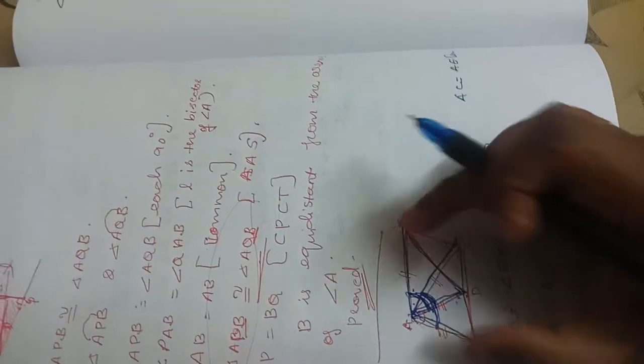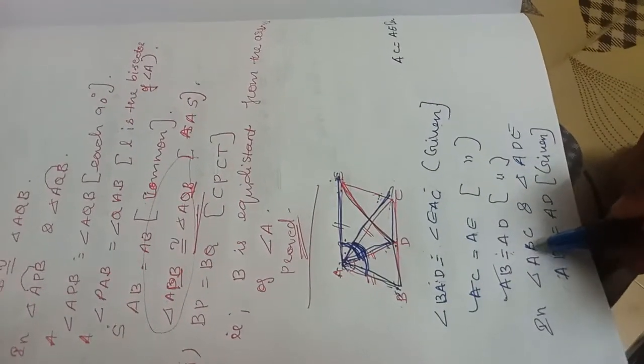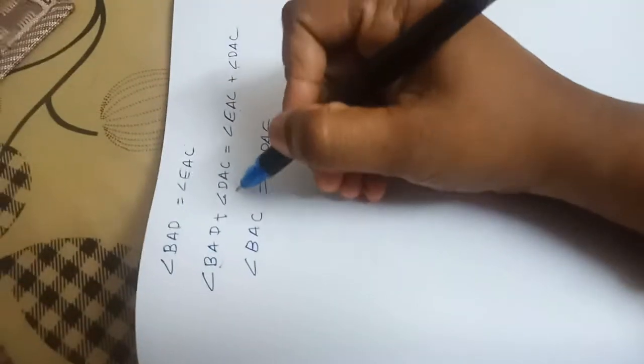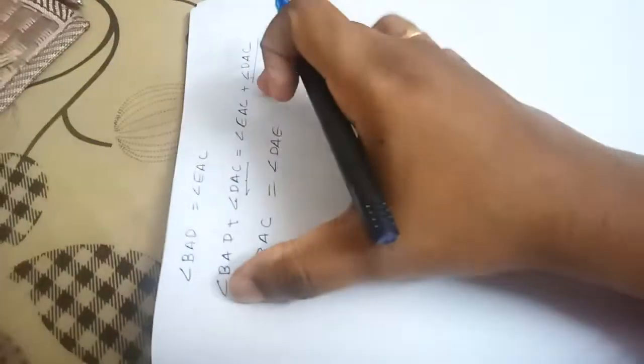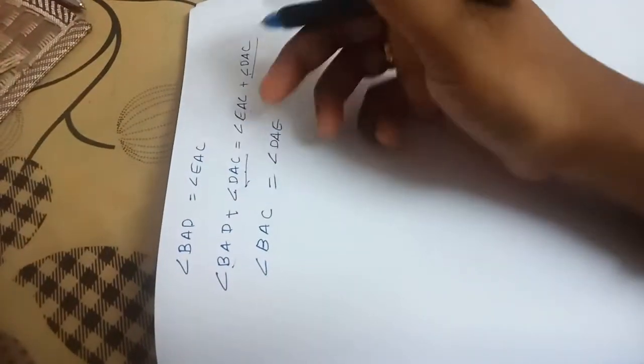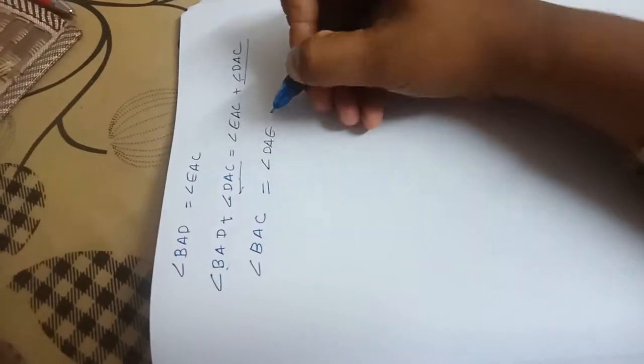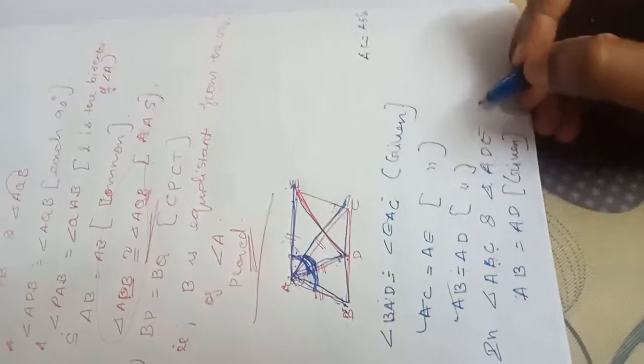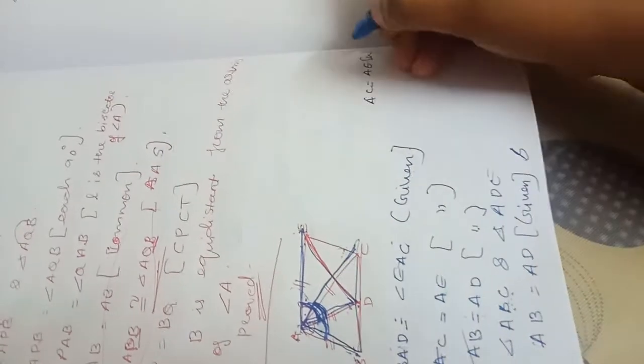In these two triangles, we now have two angles equal. How did we get this? By adding the same term on the left hand side and right hand side. So now one angle criterion is also proved here, and here one side criterion, and here also one side.